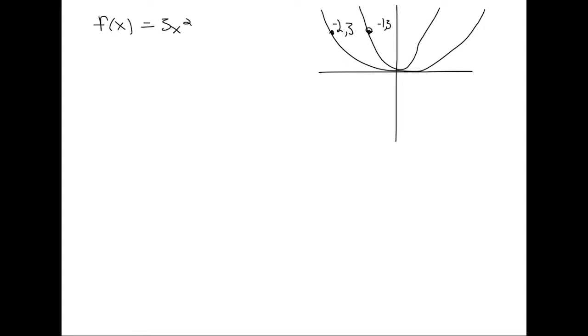All right. So when we plug in negative 1 to this function, we do 3 times negative 1 squared, which is going to equal 3. Right, it works. But if we were to plug in a negative 2, it would definitely not work, right? It does not equal 3.